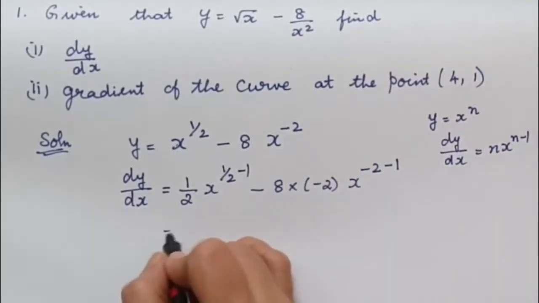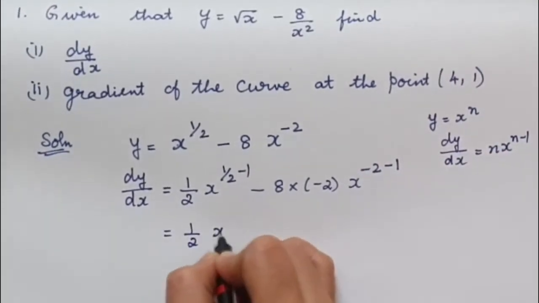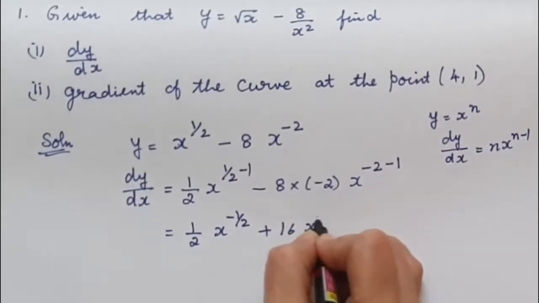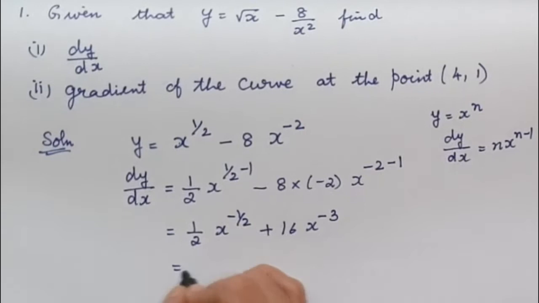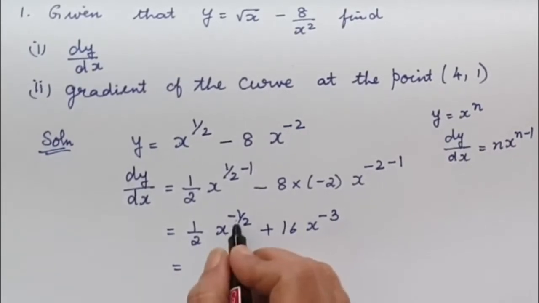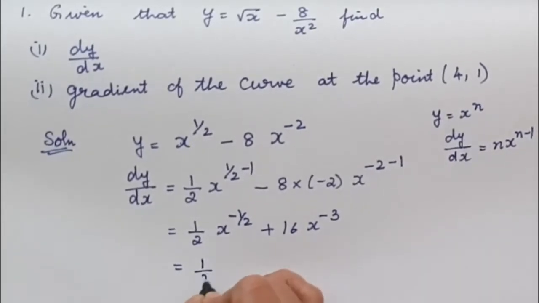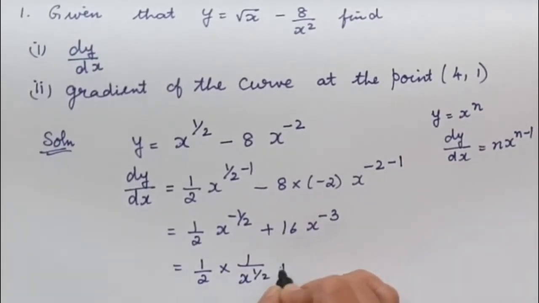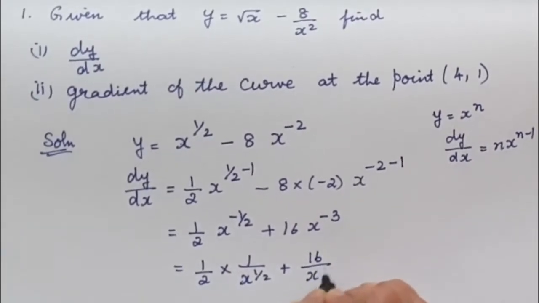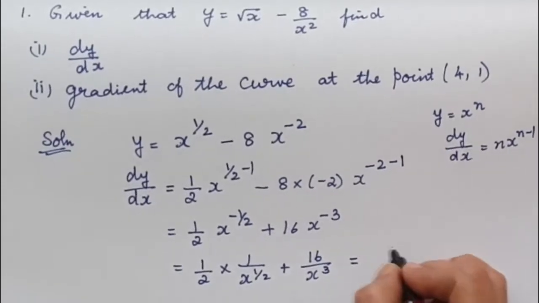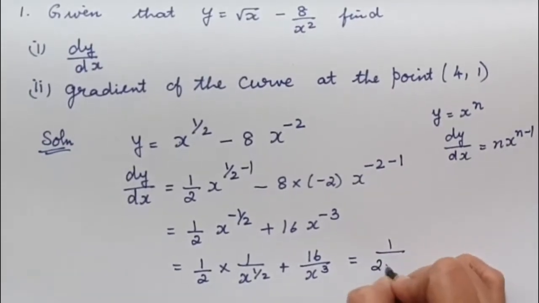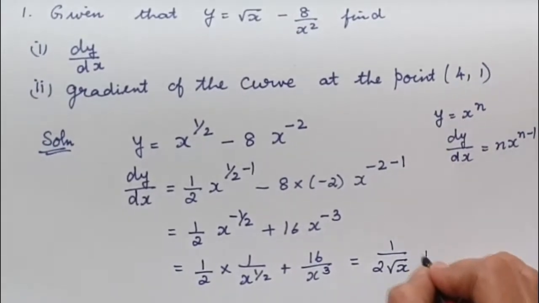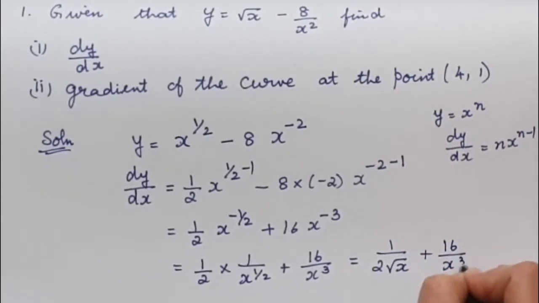So now this goes as half into x to the power of minus half, then plus 16 x to the power of minus 3. So this can be written as half into 1 over x to the power of half, plus 16 over x cubed. So this can be written as 1 over 2 square root of x, since x to the power of half is square root of x, plus 16 over x cubed.